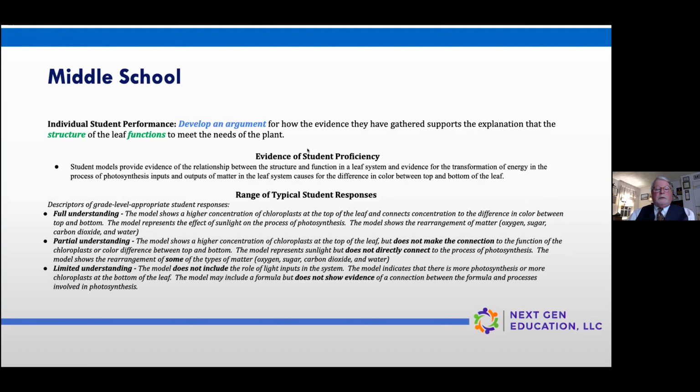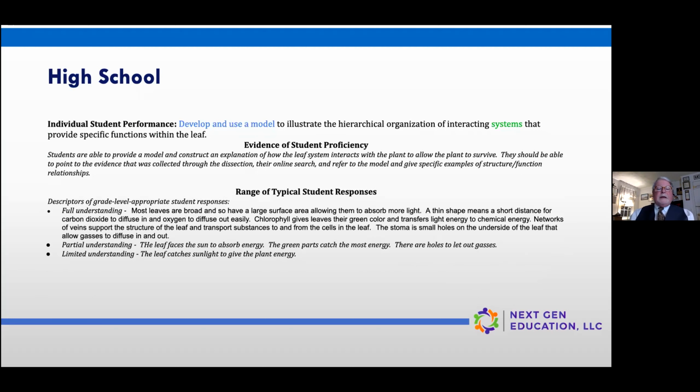Here's middle school, another one where we're talking about developing an argument. Again, this is what the individual that wrote the lesson came up with. But again, you folks could reasonably argue that you'd like to see another practice in there or another cross-cutting concept. And lastly, here's high school that we didn't get a chance to discuss, but hopefully this validates what you already came up with in your group.